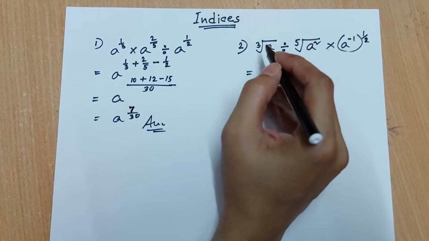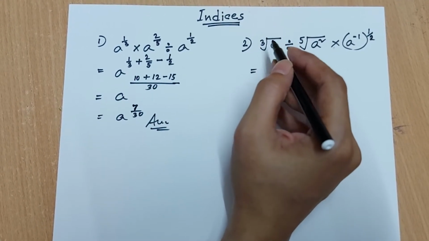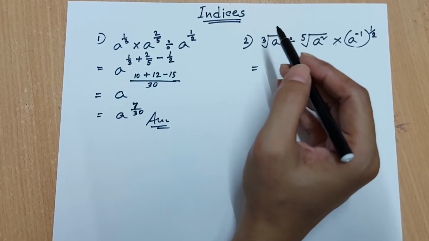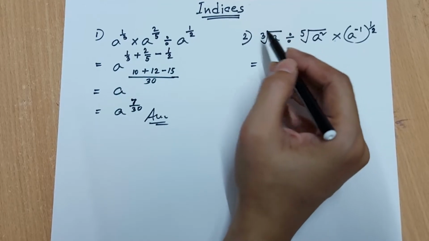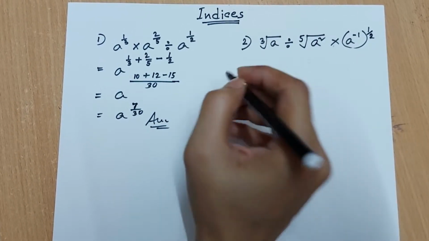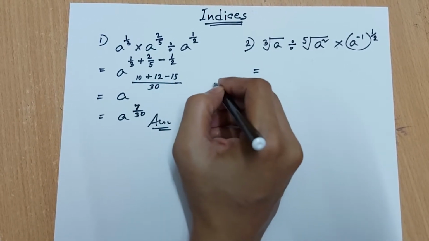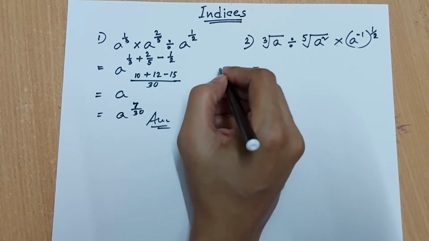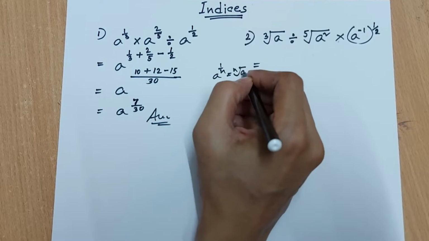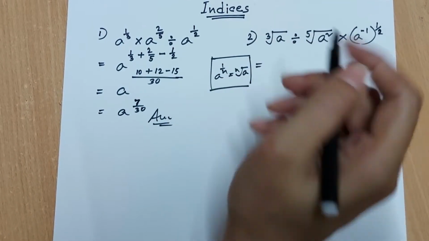We know when the base has a fractional power, the denominator of the fraction makes the root of the base. That means the rule says, I am writing here, a power 1 by n equal to nth root of a, and this is applicable here.